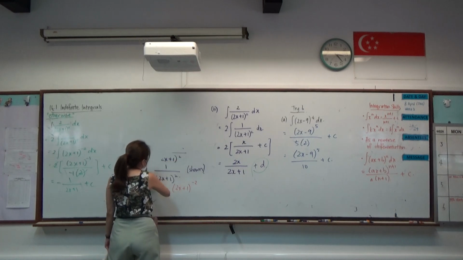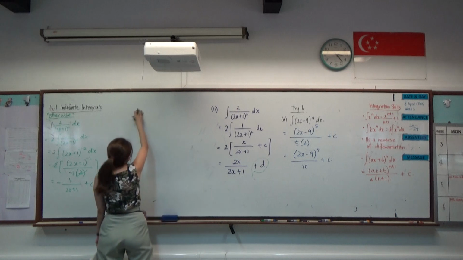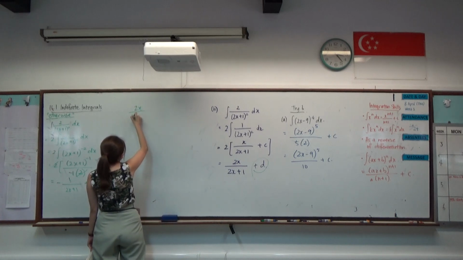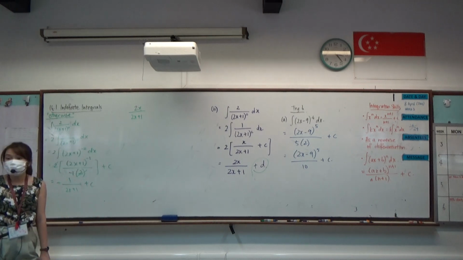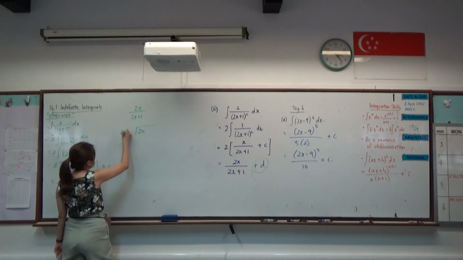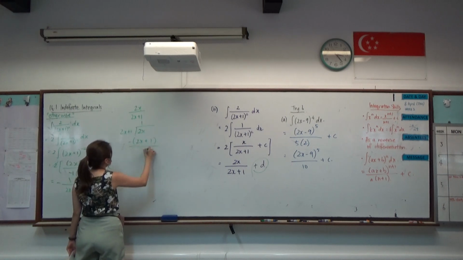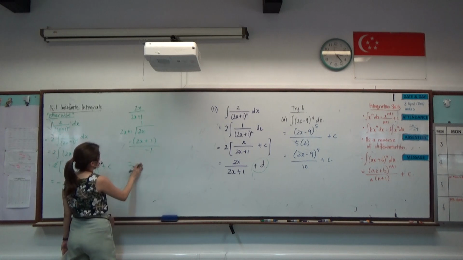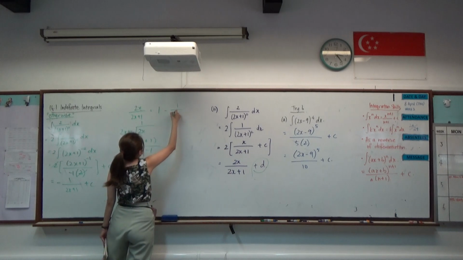The reason is because 2x over 2x plus 1, if I were to do my long division, partial fractions, we have 2x over 2x plus 1 to be 1 minus 1 over 2x plus 1.